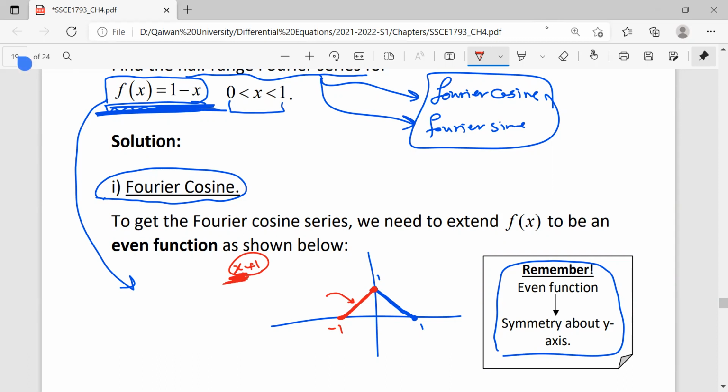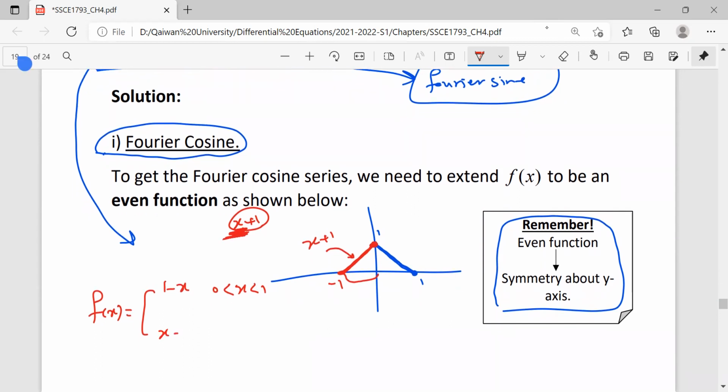So the equation for this part is x plus 1, and this part is from -1 to 0. So f of x becomes 1 minus x for x less than 1 and greater than 0, and x plus 1 for x less than 0 and greater than -1.